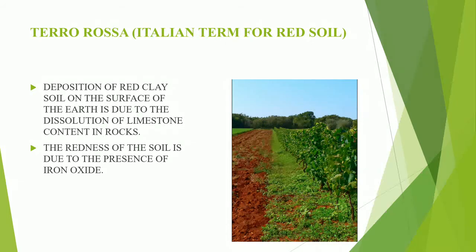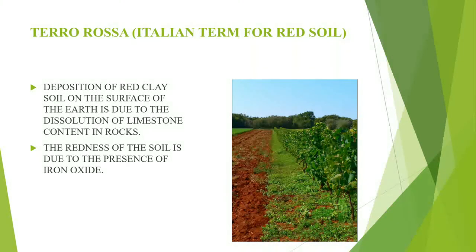Terra rosa. In Italy, the red soil of India is called terra rosa. How is it formed? The deposition of red clay soil on the surface of the earth is due to the dissolution of limestone content in rocks. The redness of the soil is due to the presence of iron oxide.